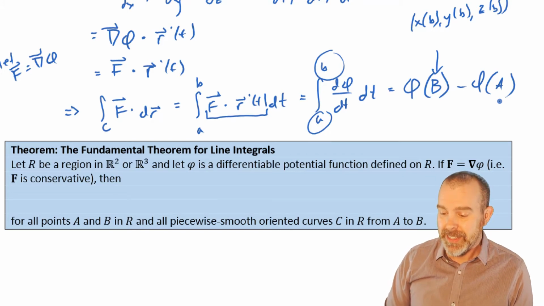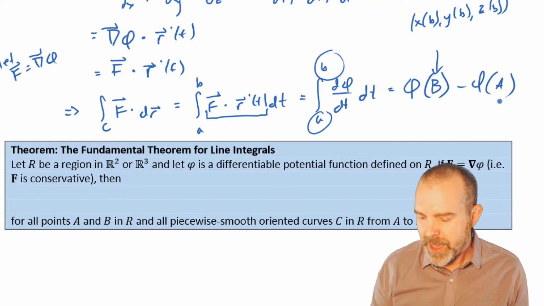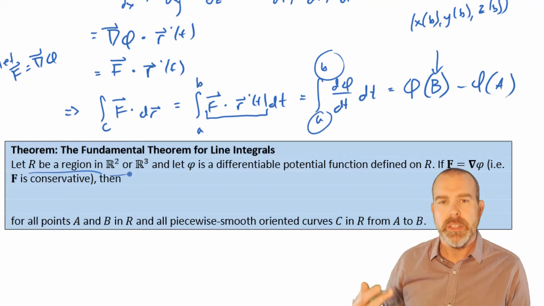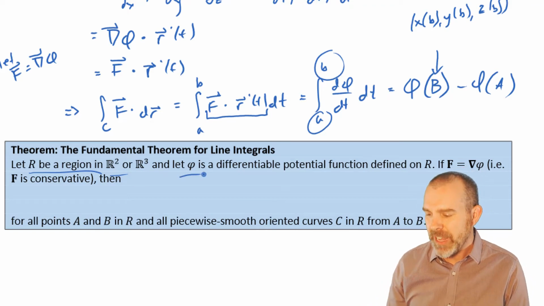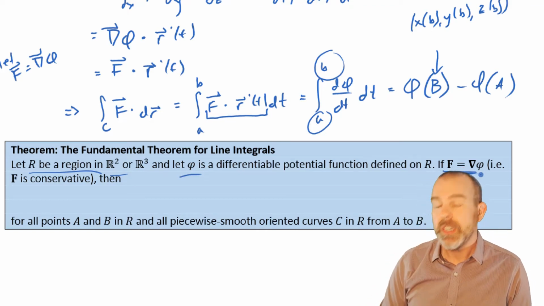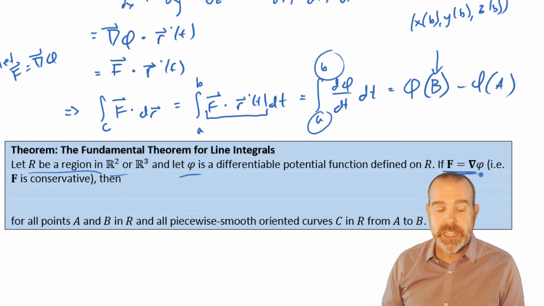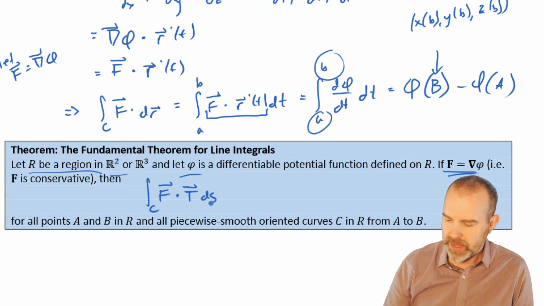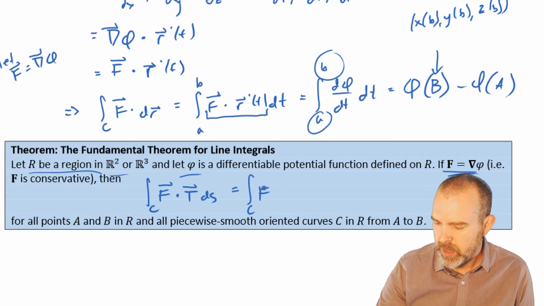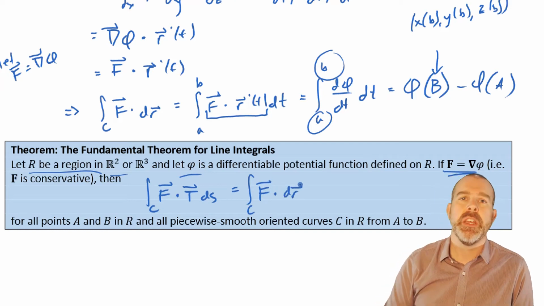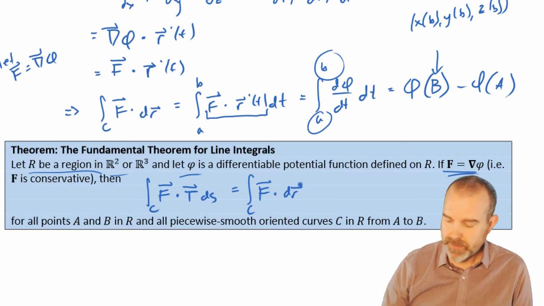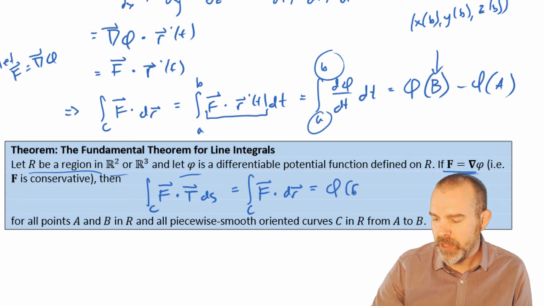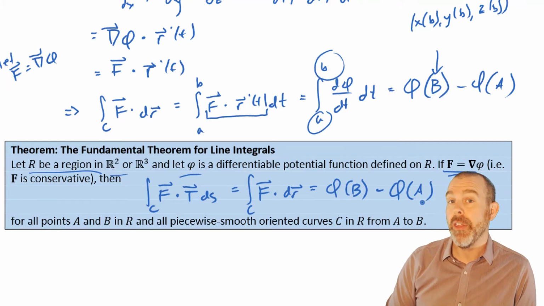Okay, so this is the fundamental theorem for line integrals. If R is a region, and it can either be in R2 or R3, in 2 dimensions or 3 dimensions, and phi is a differentiable potential function, if your field is the gradient of phi, in other words, your field is conservative, then the line integral of your field dot product with the tangent vector, remember that line integral derivation, which is equivalent to the version we just did, the dot product of field and dr, you can simply evaluate the potential function at one endpoint and subtract evaluating the potential function at the other endpoint.